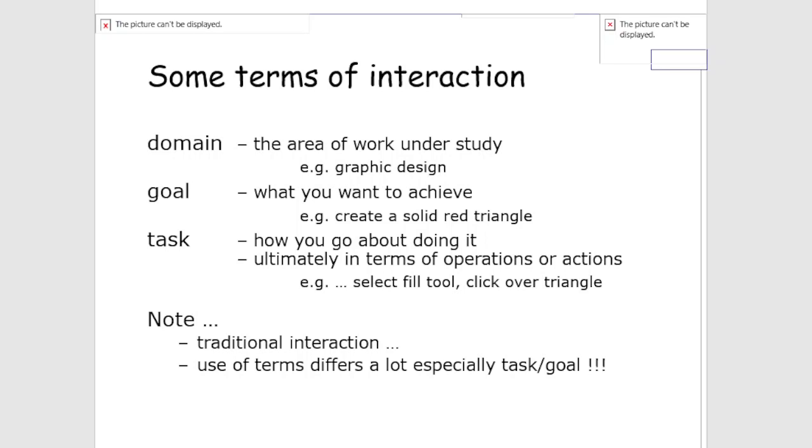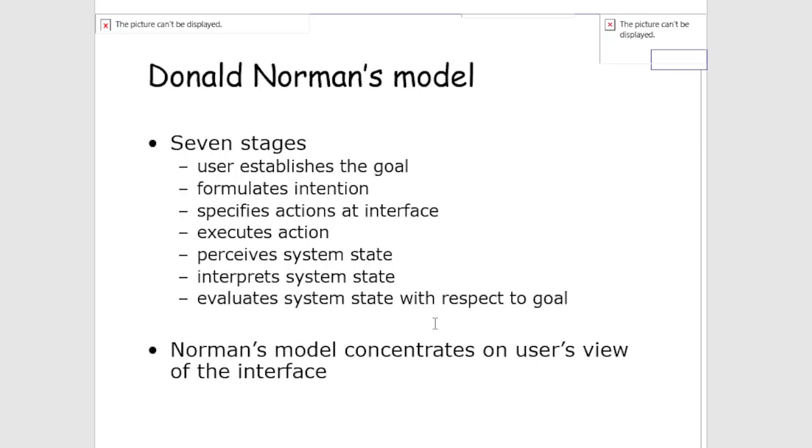One of the models that is widely used and the most influential in human-computer interaction is Norman's model. So what is Donald Norman's model? This model formulates a plan of action, the plan of action that should be executed.